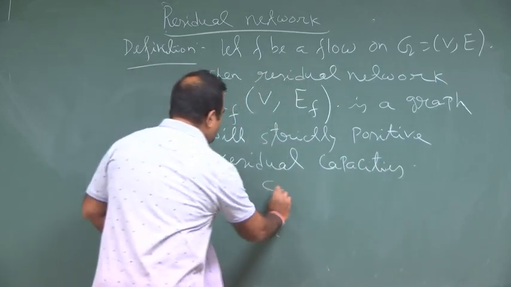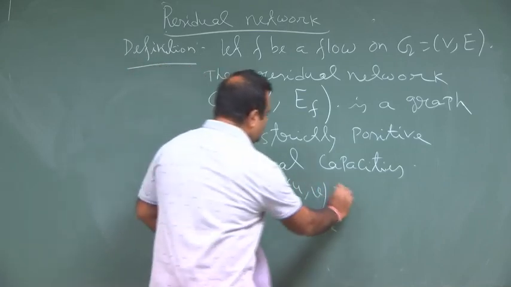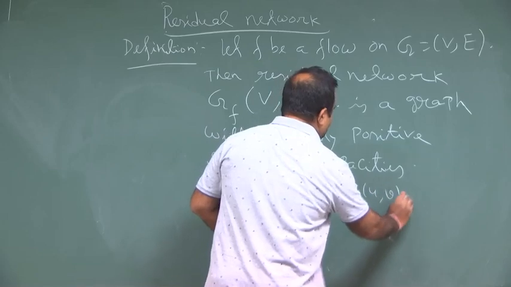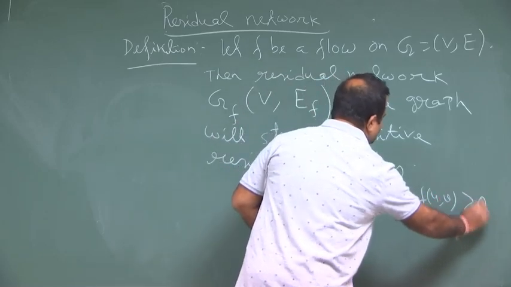That means C_f of u comma v is equal to C of u comma v minus f of u comma v, which is greater than 0.